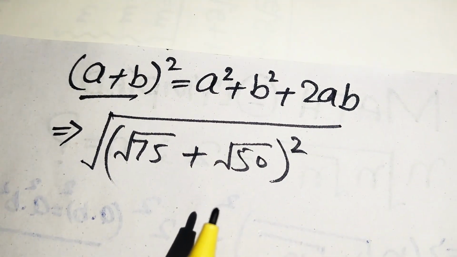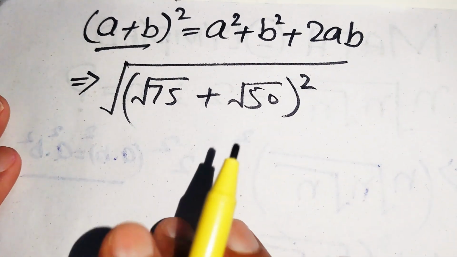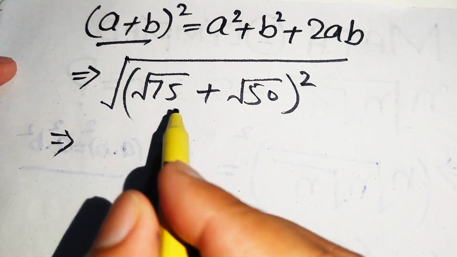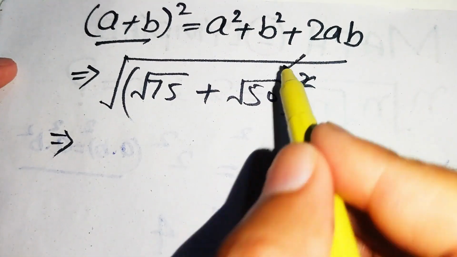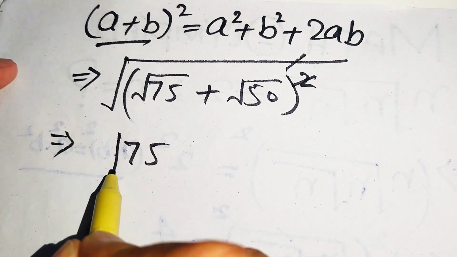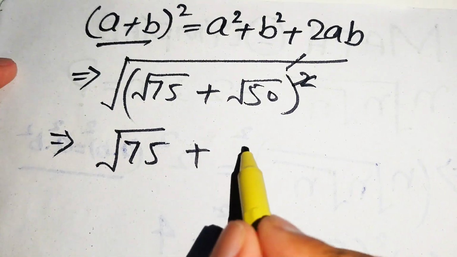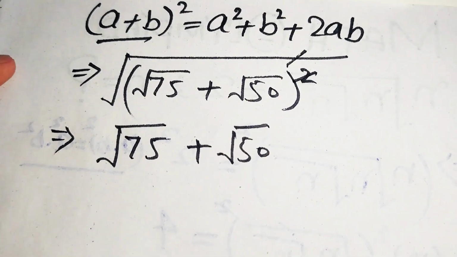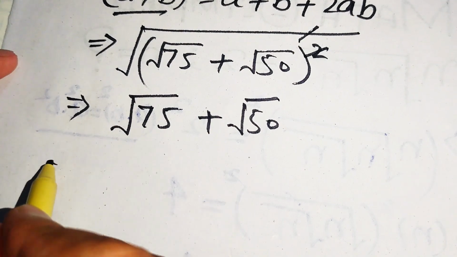After that, we need more simplification of this term, and here you easily see that the square and square root cancel each other, and we get the square root of 75 plus the square root of 50.